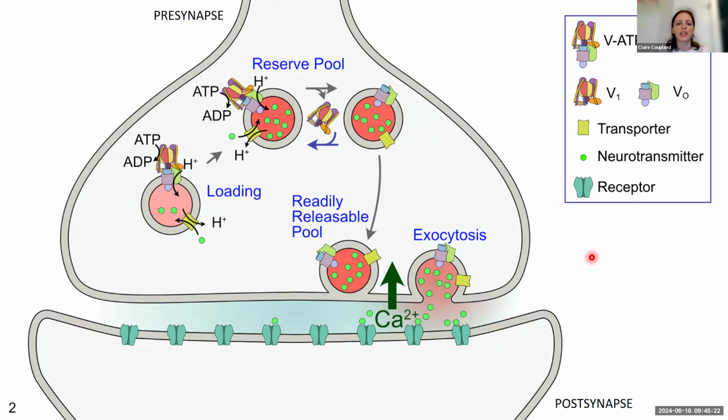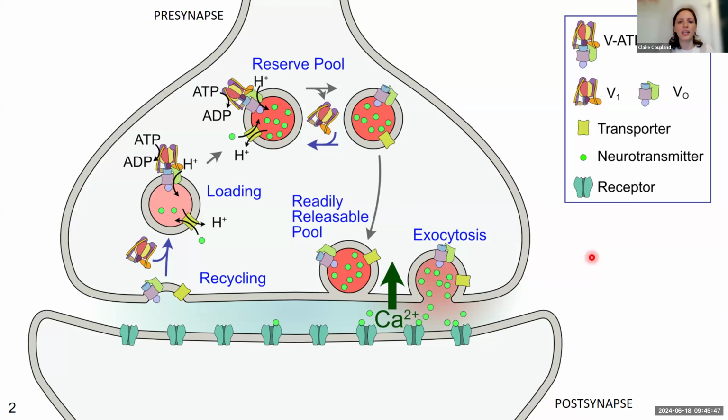The neurotransmitter can then bind to receptors on the postsynaptic neuron, and this allows the signal to be transferred into the postsynapse. This cycle is then completed by recycling of synaptic vesicle components into new synaptic vesicles and reassociation of V1, and the cycle can then repeat as many times as needs to happen for the action potential of the neuron.